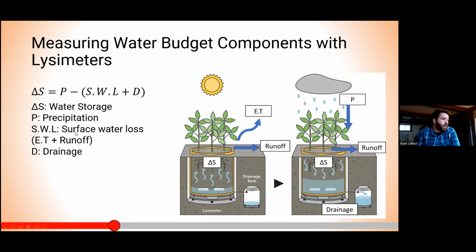For outputs, we combined evapotranspiration and runoff into something we call surface water loss, and then we have our subsurface water loss, which is drainage. If you subtract your outputs from your inputs, you get whatever water is left behind in your soil, and this is very important for the following agricultural season.